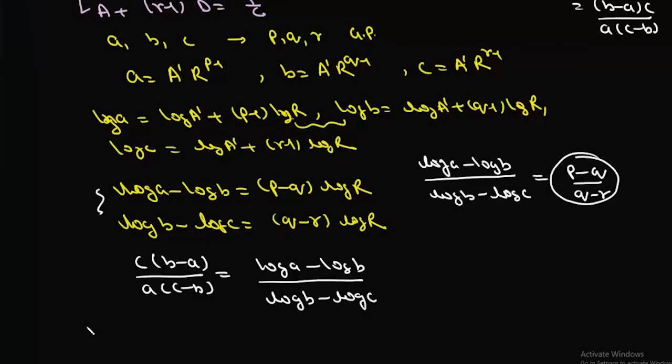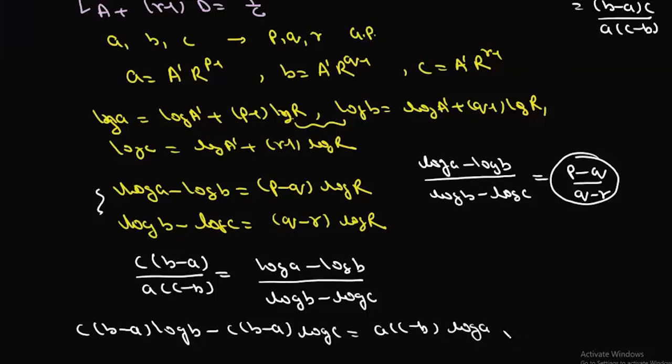Now we cross multiply, we can write c(b minus a) log b minus c(b minus a) log c will be equal to a(c minus b) log a minus a(c minus b) log b. Now we'll take everything on the left hand side.